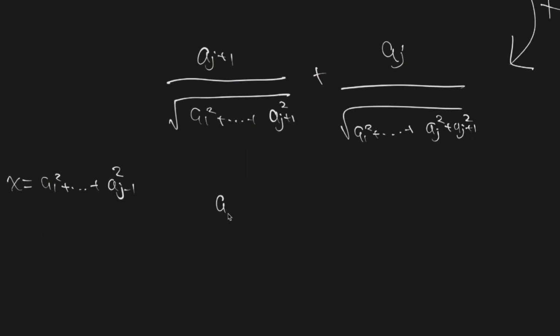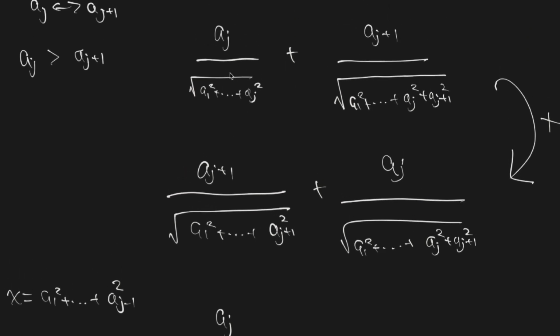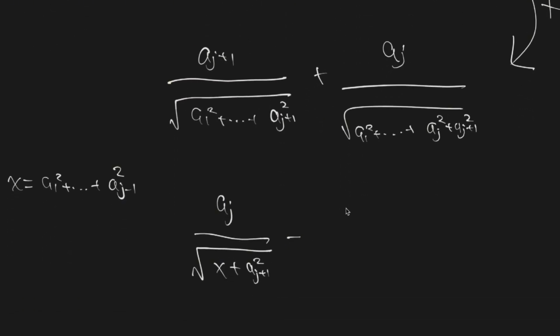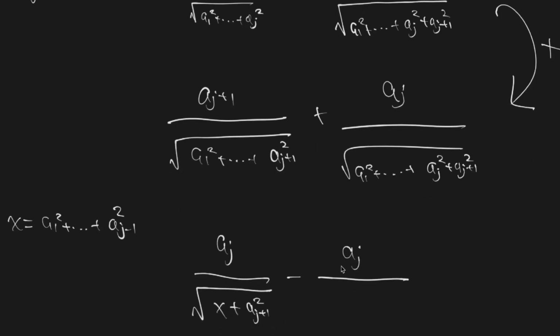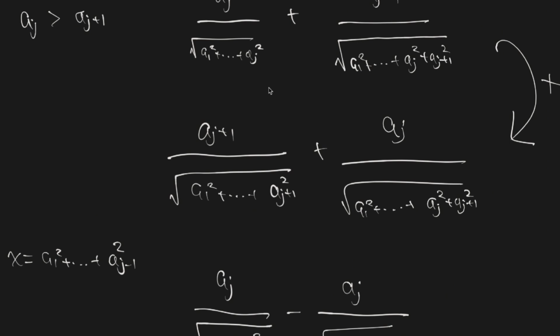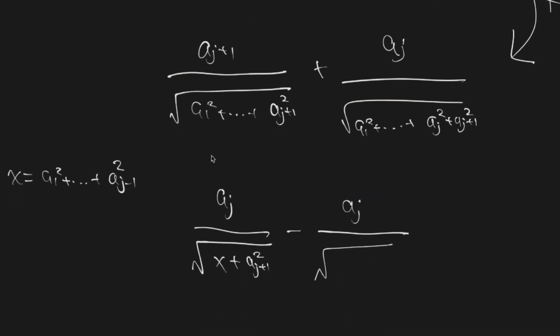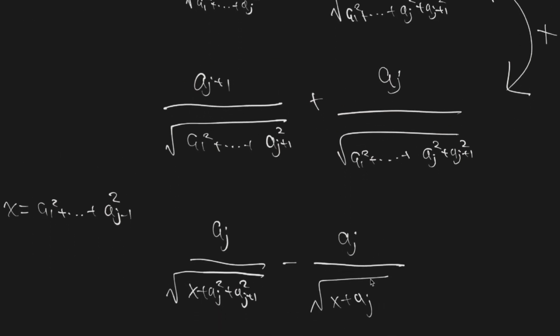Let me take this term, which is AJ over the square root of x plus AJ plus 1 squared, and subtract it from this, which is AJ over the square root of x plus AJ squared plus AJ plus 1 squared, and this is x plus AJ squared.